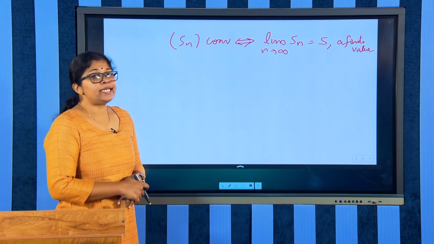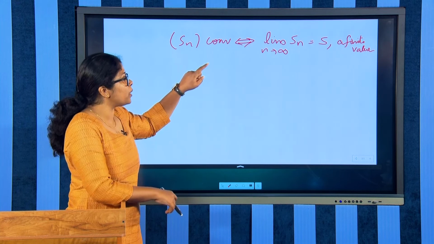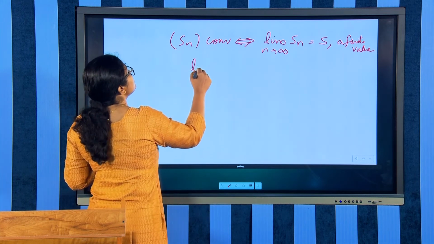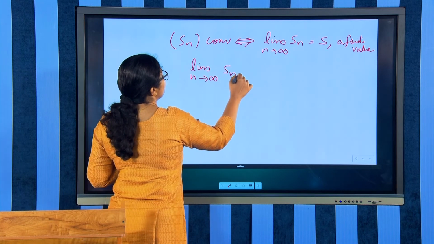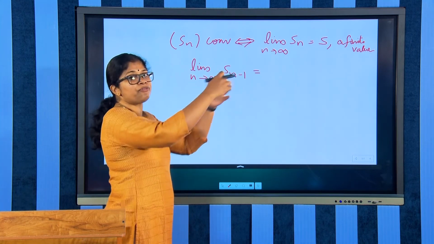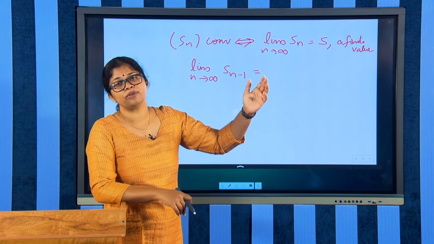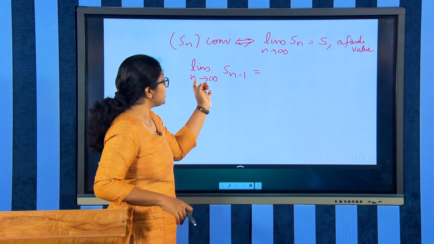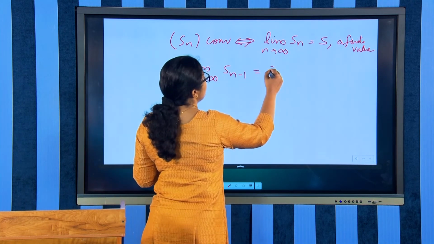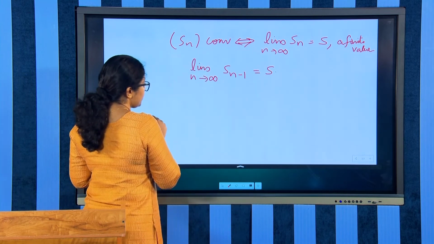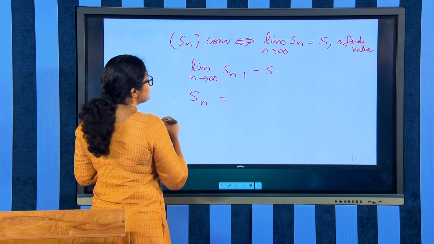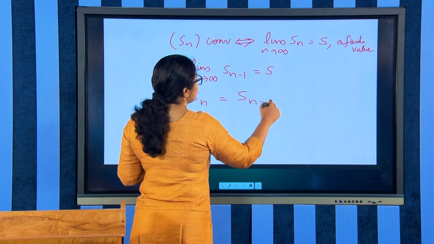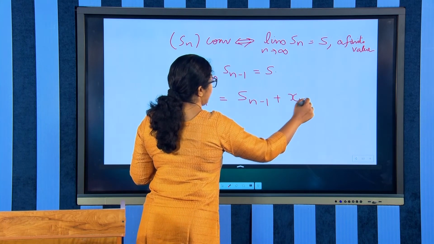So, limit n tends to infinity Sn equal to s means what is limit n tends to infinity of Sn minus 1? When n goes to infinity, n minus 1 also goes to infinity. So, limit n tends to infinity of Sn minus 1 is also equal to s. And therefore, we have the expression Sn is nothing but Sn minus 1 plus xn.